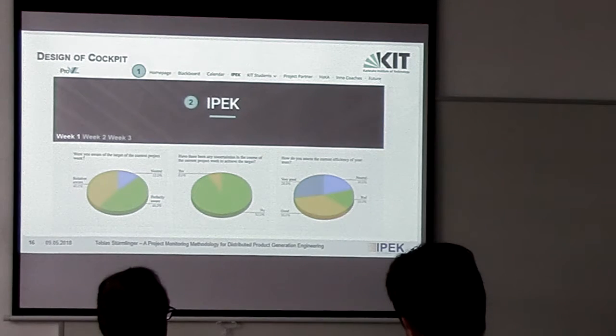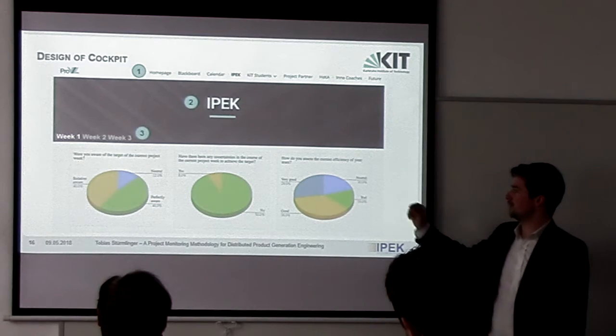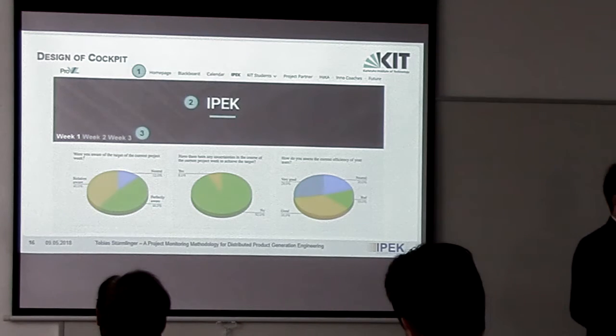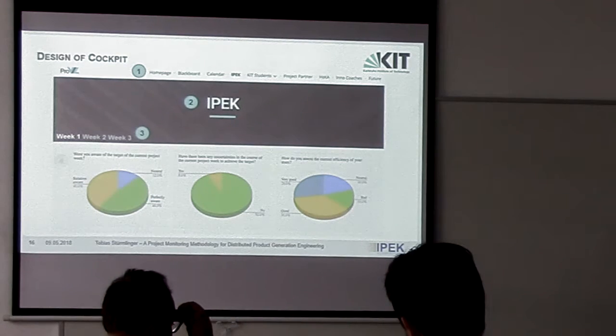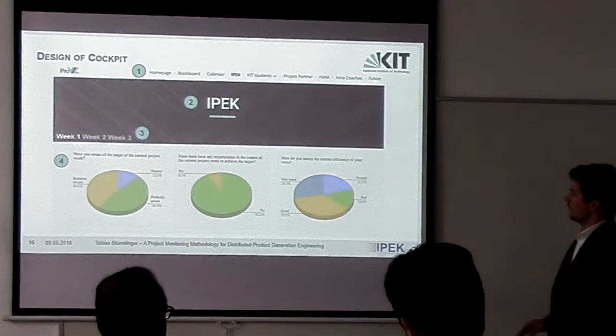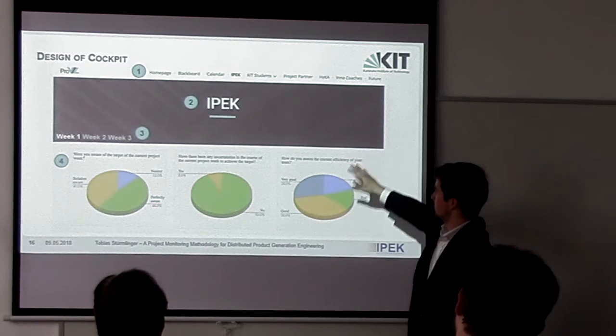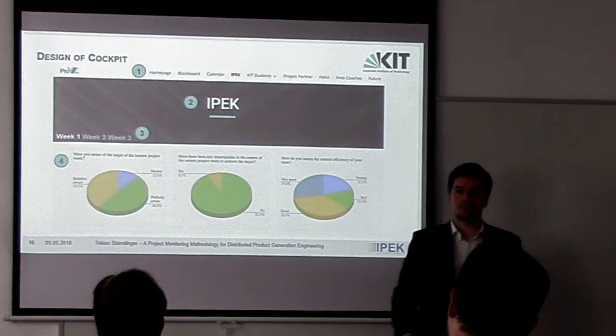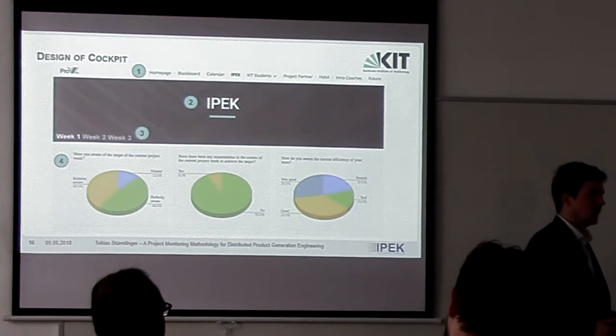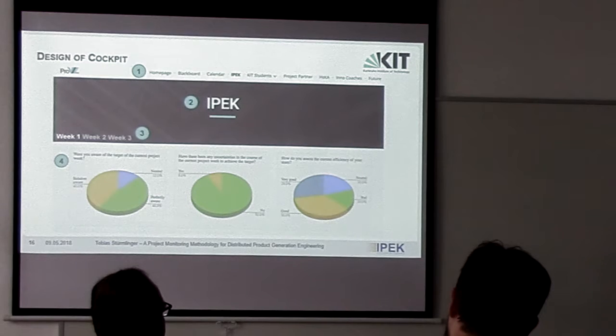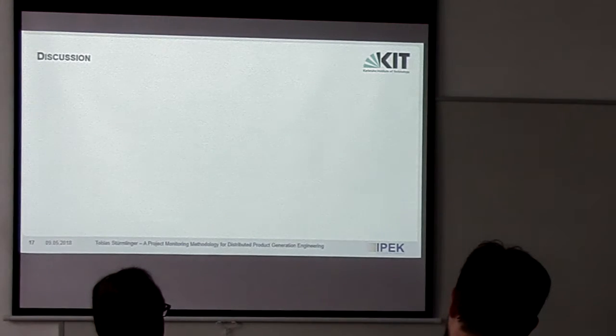Then we see an orientation of where we are, and we can select which project we are in to compare the information, for example. And here we have, stakeholder-specifically, the most important KPIs, the most important information that different stakeholders want to see. So this is the outlook of the cockpit.